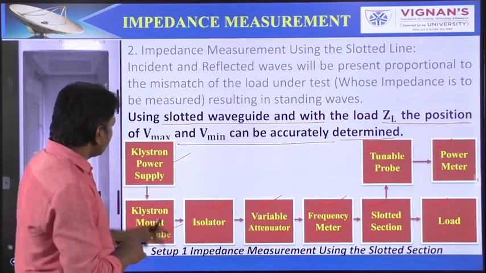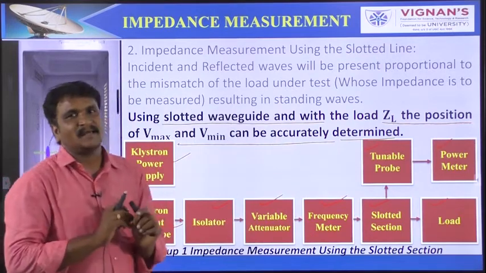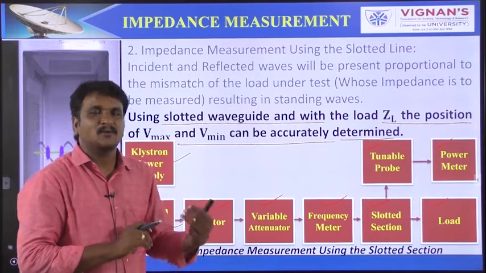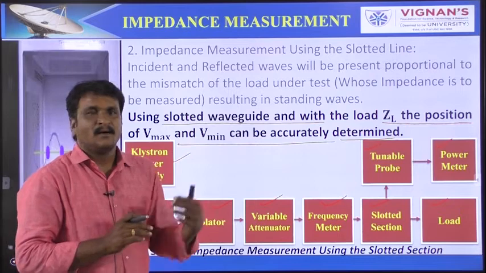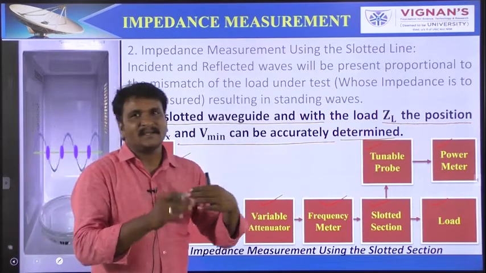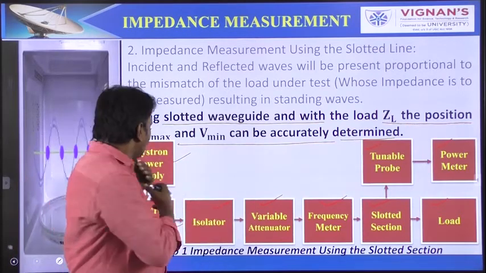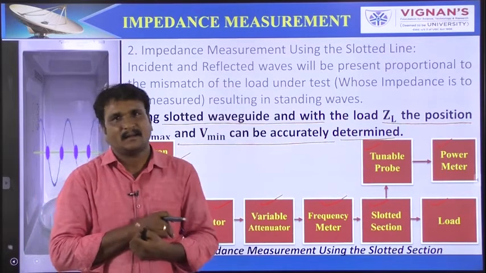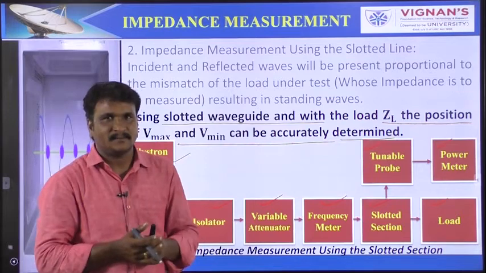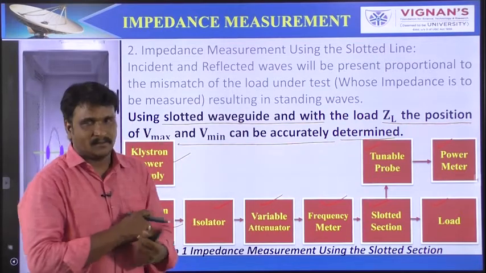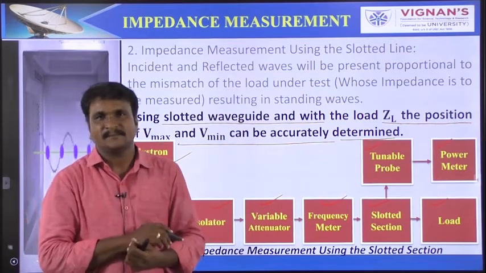Once you switch on the Klystron power supply and cooling fan, you have to wait and check whether current is generated in the Klystron power supply or not. We can observe some saturation current on the Klystron power supply display.